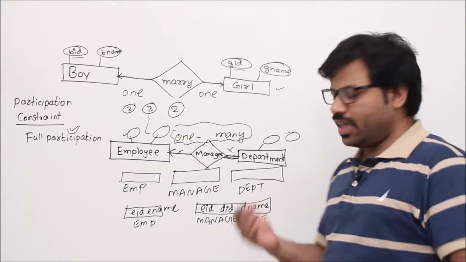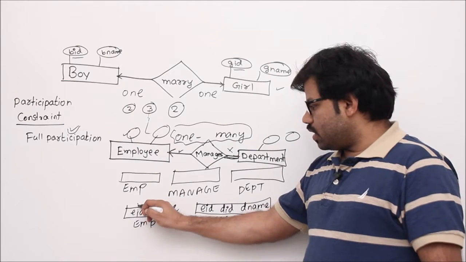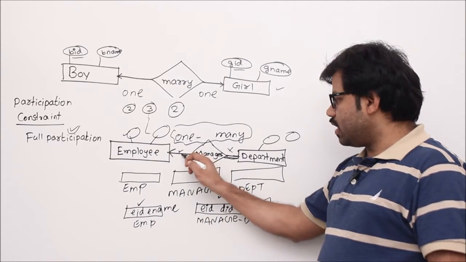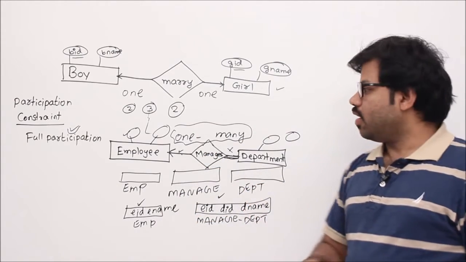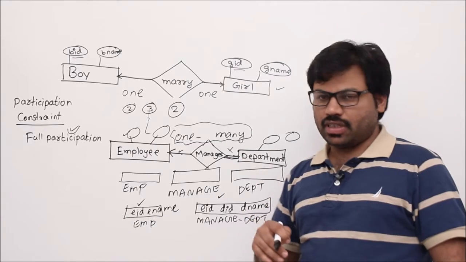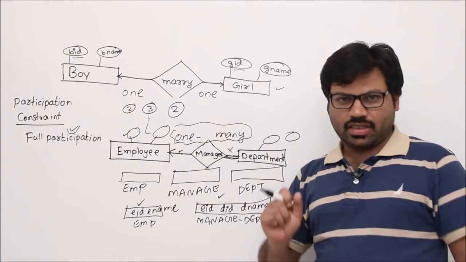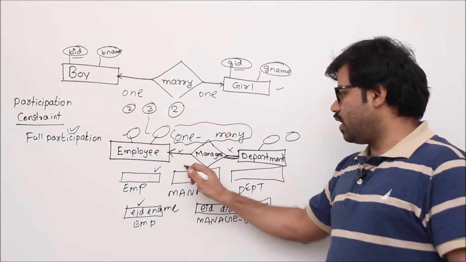That's it. That will be easy for me to explain things. So this is one table, this is one table. How did I record this one? Since it is a one-to-many relationship, I moved manage to department. Now we'll see how to maintain full participation. That means we have to ensure that every department should have a manager. That is my intention. First of all, we'll focus on this one, three tables.